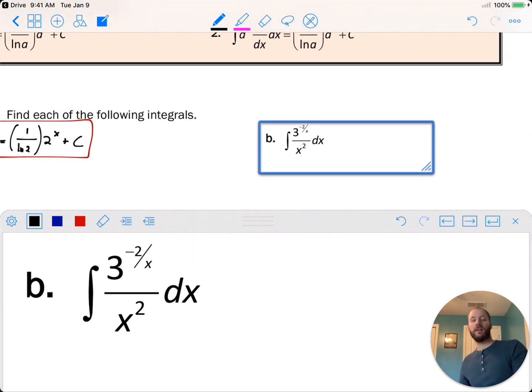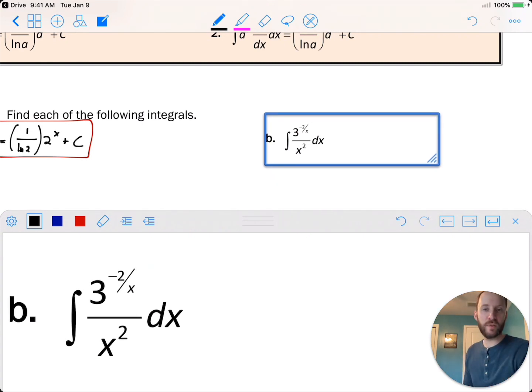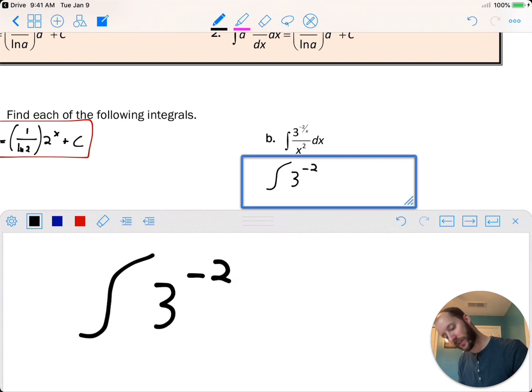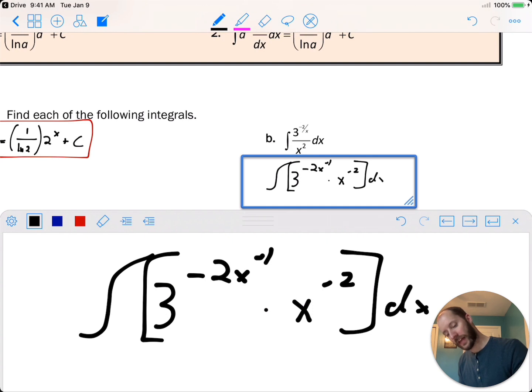Example B, x squared in the denominator, that's like an x to the negative 2. x to the negative 2 is some form of the derivative of negative 2 over x, or negative 2 x to the negative 1. So if I write that out, 3 to the negative 2 x to the negative 1, times x to the negative 2, all of that dx.